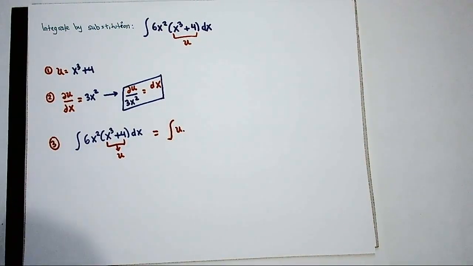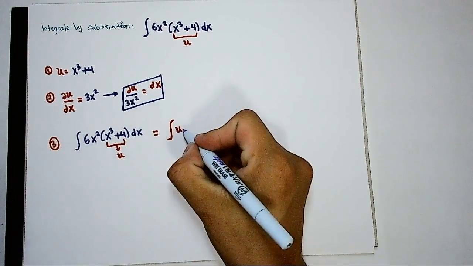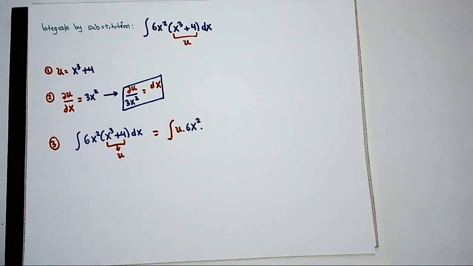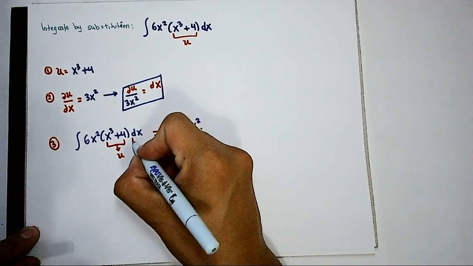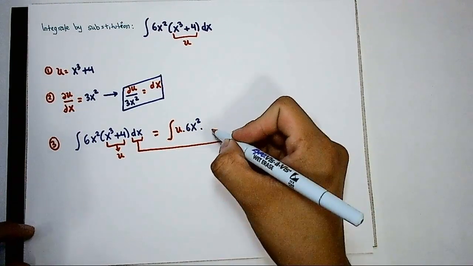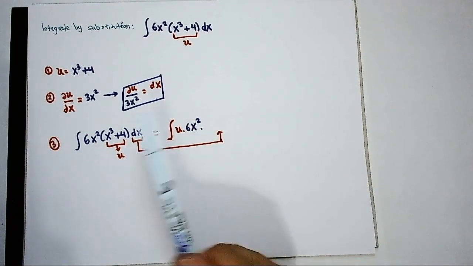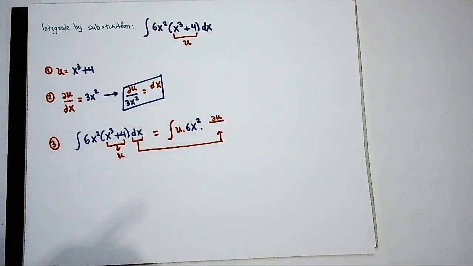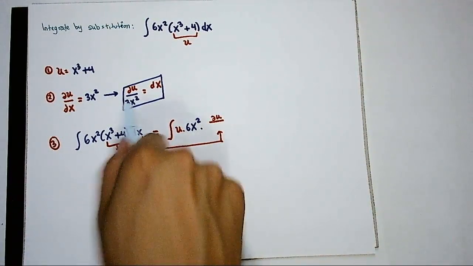Times the remaining term, which is 6x squared times dx. But dx is equal to du divided by 3x squared.